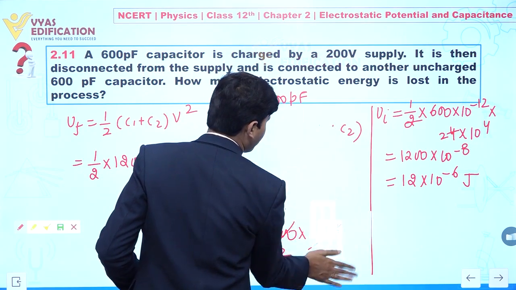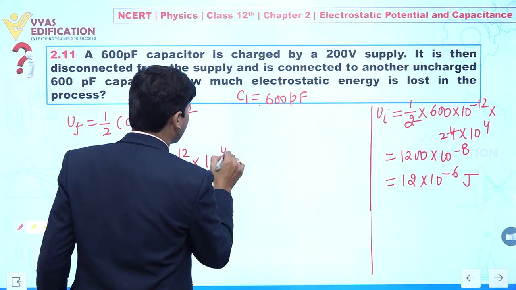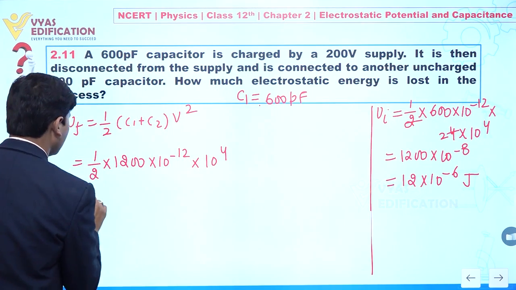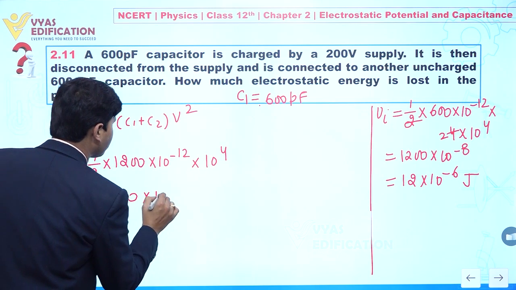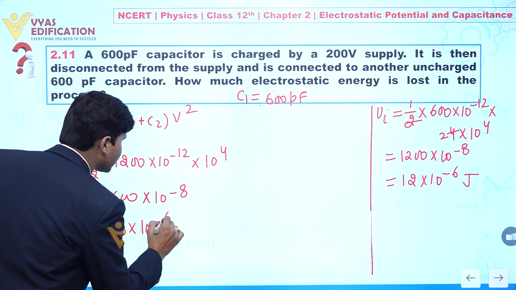So 100 square means 10 to the power 4. We can say this is 600 into 10 to the power minus 8, or 6 into 10 to the power minus 6 joule.